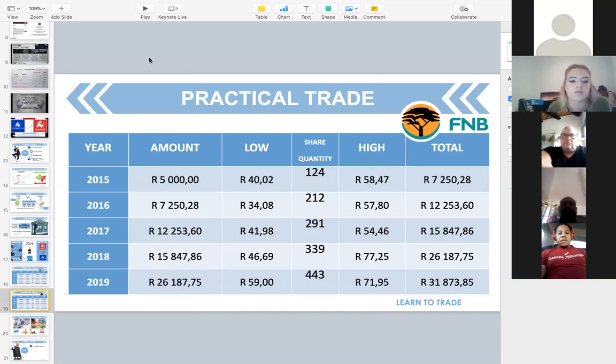The JSE is just the Gumtree, and all the people that want to trade through the JSE need to make use of a stockbroker. It needs to be a registered and licensed stockbroker. You can't trade through an unlicensed stockbroker on the JSE. Whether you go through a college or not, you can just approach a broker and you can trade on the Johannesburg Stock Exchange or any exchange for that matter.